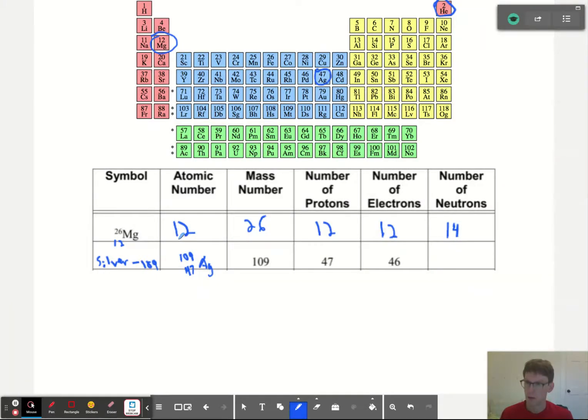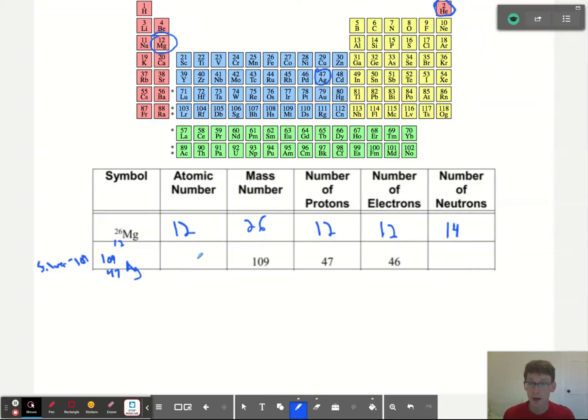So we have 109 over 47 Ag, and it would be silver 109 if we wanted to name it. I do have to be very careful because here I see that there are 47 protons and only 46 electrons.